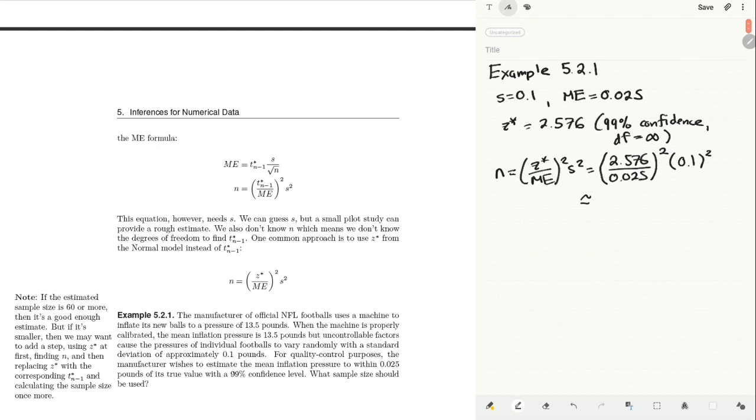And this will be approximately 106.17 and so on. Now we can't sample 0.17 of a football, so we're going to round up to the nearest integer. And so the sample size should be at least 107 footballs.